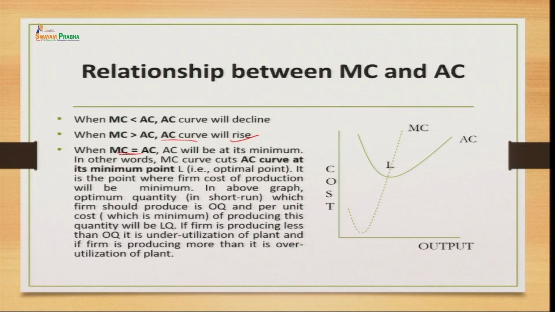At the point where they both are equal, that is the minimum point, which is called the optimal point, and producing up to this point our cost of production will be minimum. So, for the shorter run we calculate it this way, up to what quantity we should produce so that we would be able to produce at the minimum cost.